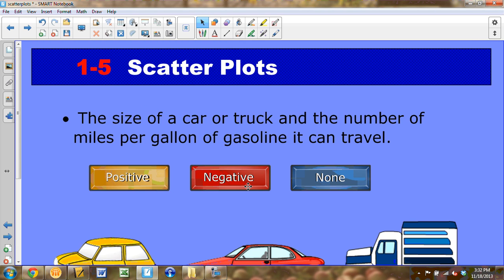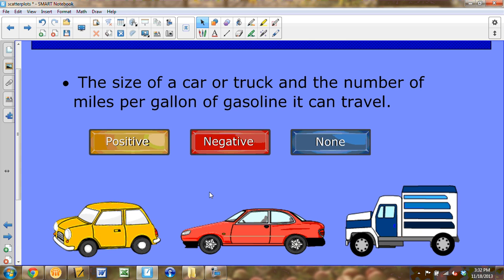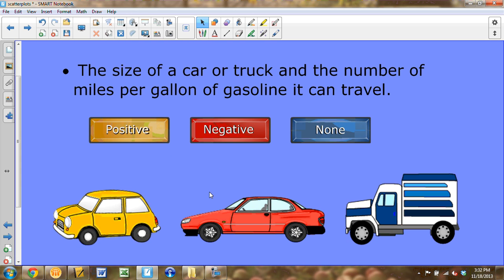All right, let's pick another one. The size of a car or truck and the number of miles per gallon of gas it can travel. So the size of your car or truck is going to be your independent variable, and then the number of miles per gallon is our dependent variable. As the car gets bigger, if we think about a little car, like a little Prius, and then maybe you move up to a Honda, and then up to a little S10, and then up to maybe a big Explorer or big truck.